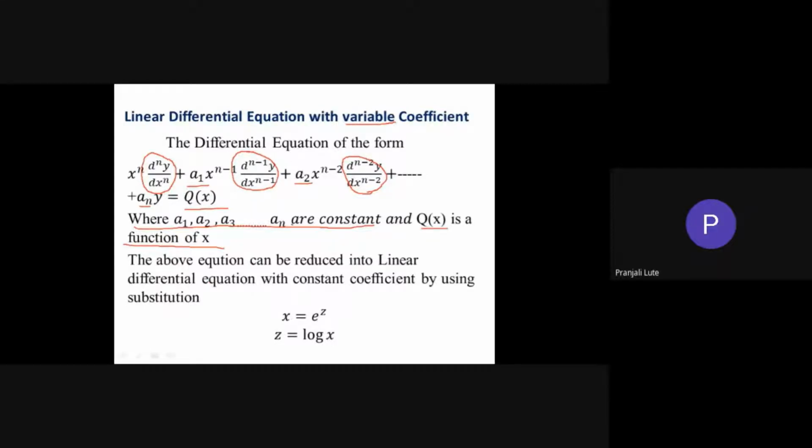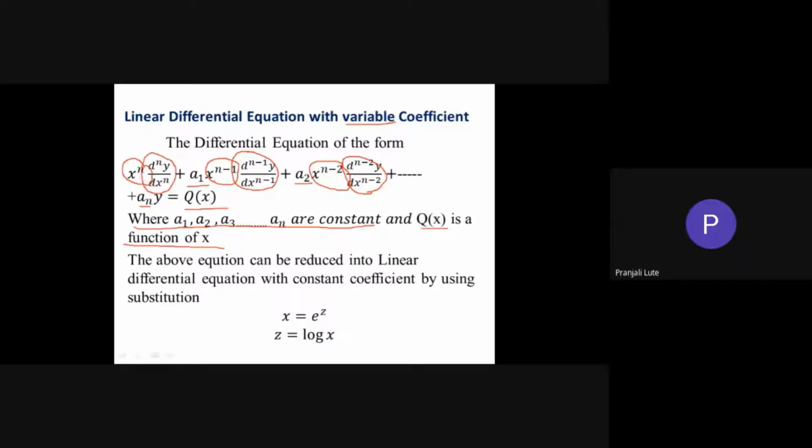So the above equation we call a linear differential equation with variable coefficient. Why do we call it variable coefficient? Because here x raised to power n is a coefficient, x raised to power n minus 1 is also a coefficient, and x raised to power n minus 2 is also a coefficient, and that's why we call this equation variable coefficient.